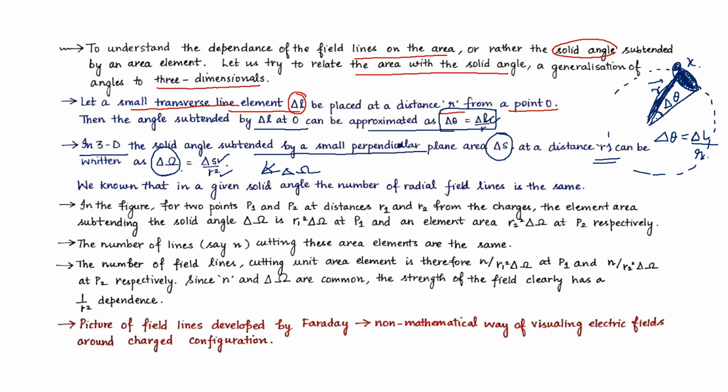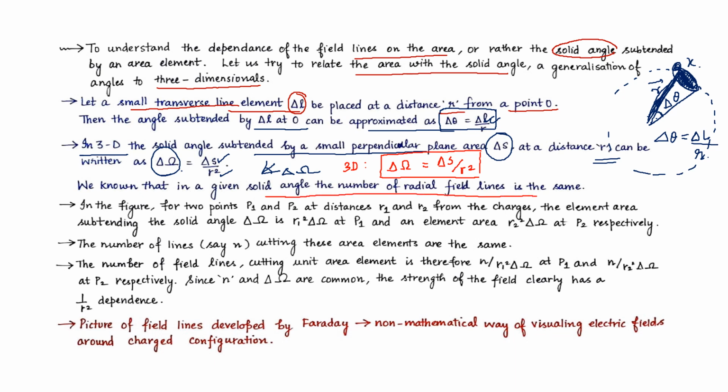For a solid angle in 3D, our del omega is given by del S upon R square. It is a relation proportional to R square. We know that in a given solid angle, the number of radial field lines is the same. We have read this in the previous slide already.